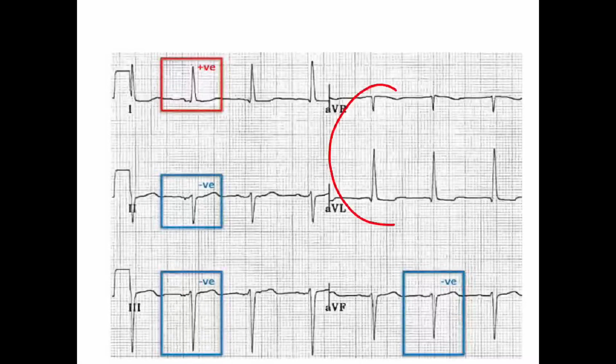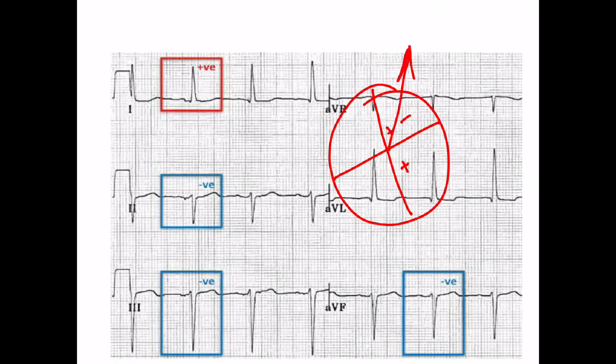If we see this ECG, lead 1 is positive, AVF is negative. So this will be a left axis deviation. And if we see lead 2, the net direction of the QRS complex is negative.